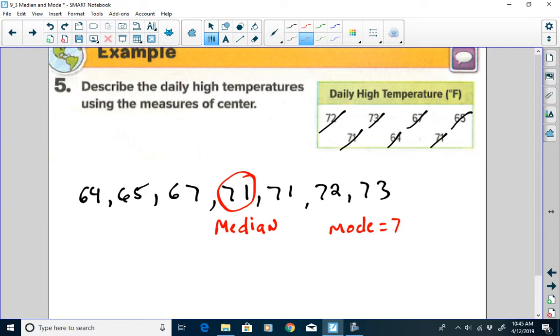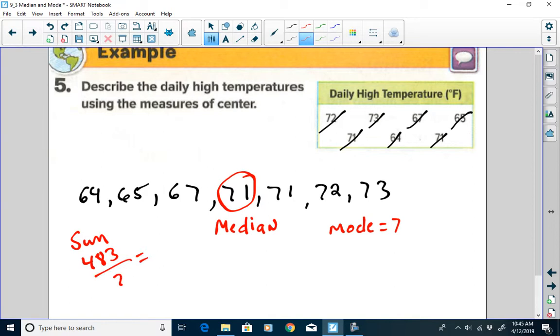To find the mean, we have to find the sum of the data, and then we have to divide. So let's find that sum. We have 64 plus 65 plus 67 plus 71 plus 71 plus 72 plus 73. The sum of the data is 483, but we're dividing that sum by 7 to find the mean.